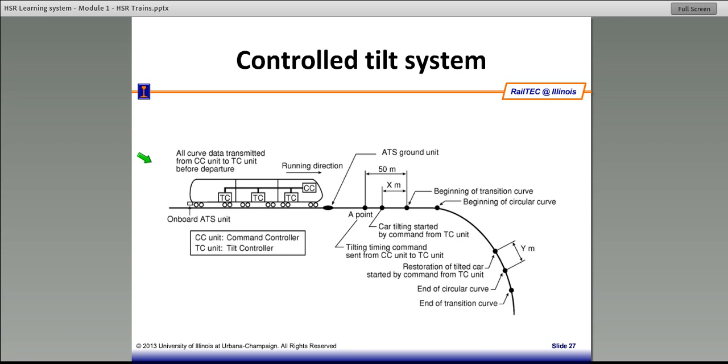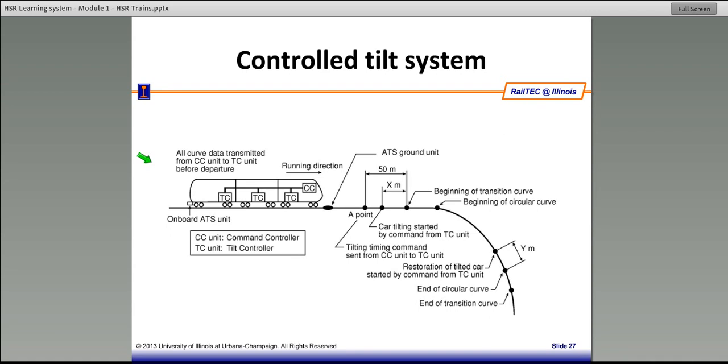By pre-tilting, the train then enters into the curve, and when the train exits the curve, it still maintains some tilt, and then gradually recovers to the upright position.